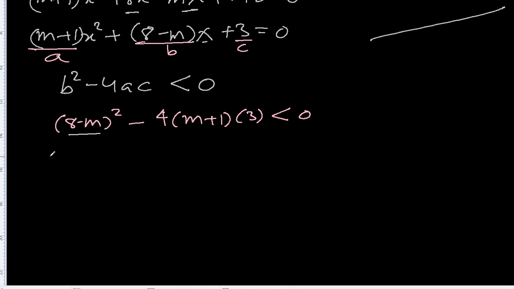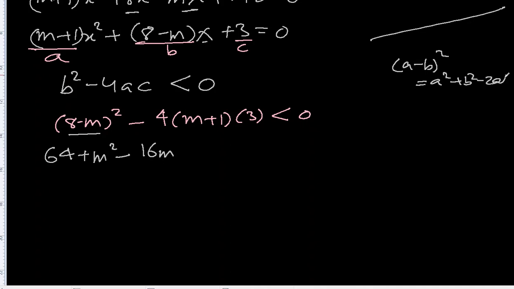So 8 minus m whole square will be 64 plus m square minus 16m. I use this identity, a minus b whole square equal to a square plus b square minus 2ab. So directly I use them.